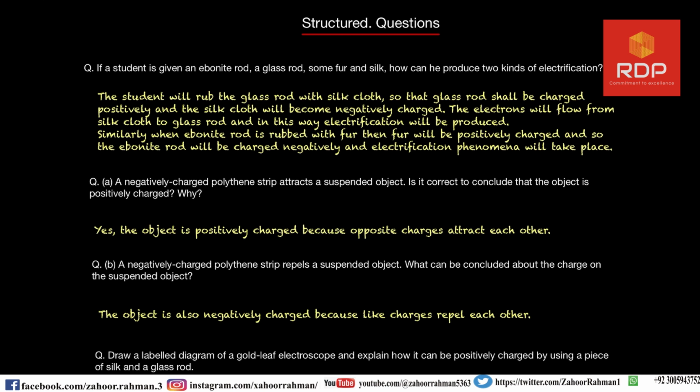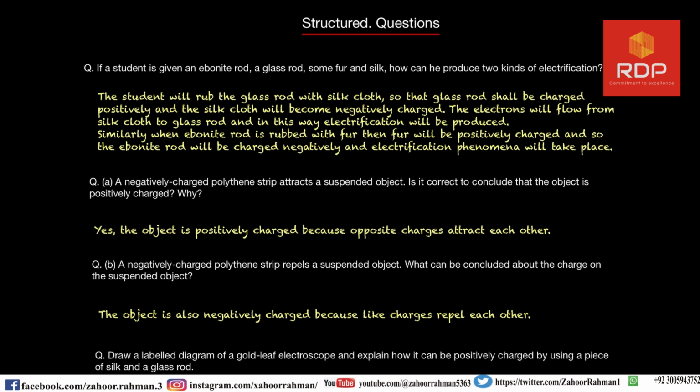Is it correct to conclude that the object is positively charged, and why do you think so? Yes, but only yes is not enough. You have to provide the proof. The object is positively charged because opposite charges attract each other.